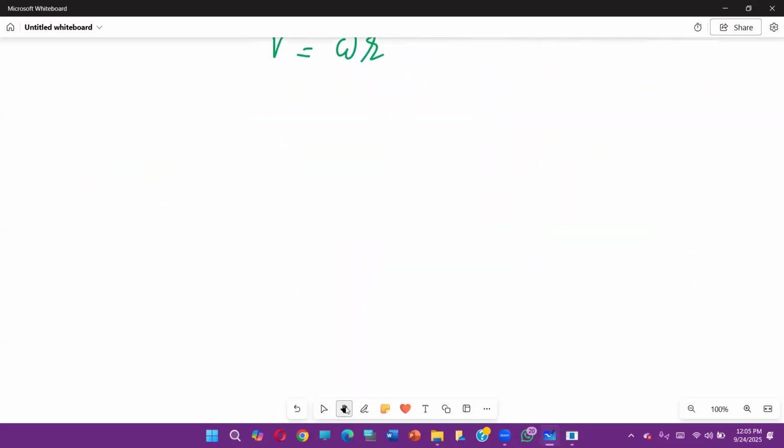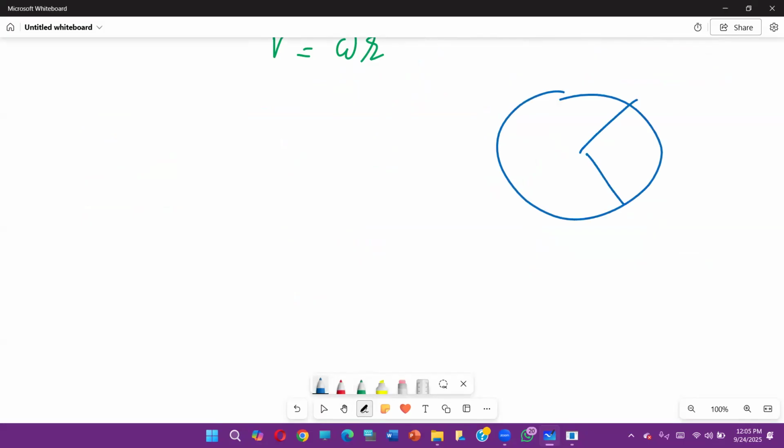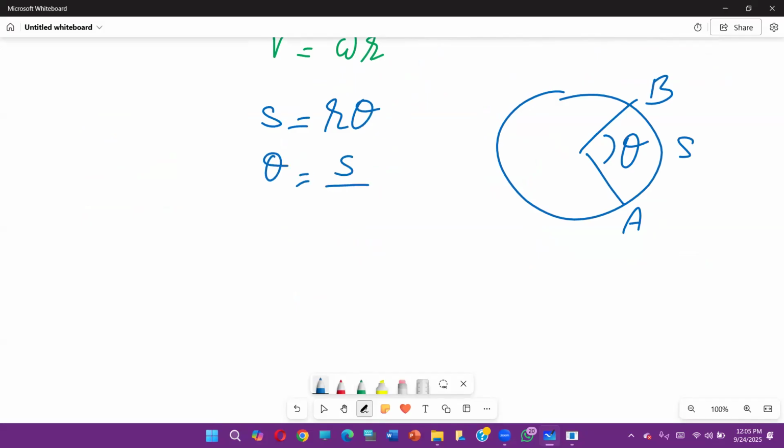What is theta? Theta is angular displacement. So if this is the circle and an object is moving from position A to position B, this is the theta. And the formula says s equals r theta, and theta is equal to s upon r.